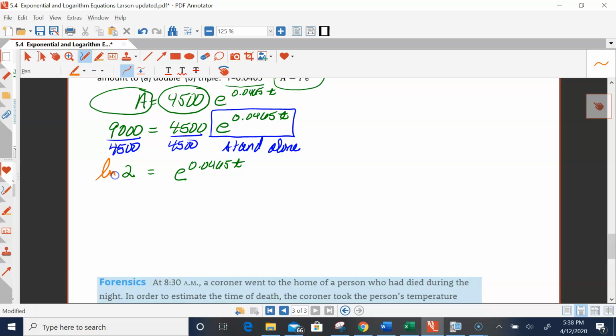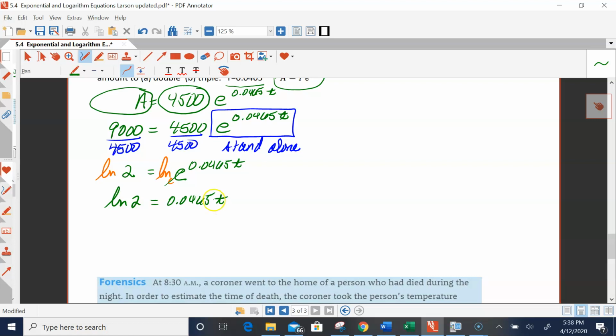I'm going to use ln on both sides because the base there is e. So ln base e of e cancels, and I'm left with 0.0465 t. Remember, when the bases match, they cancel out. That's equal to ln 2.